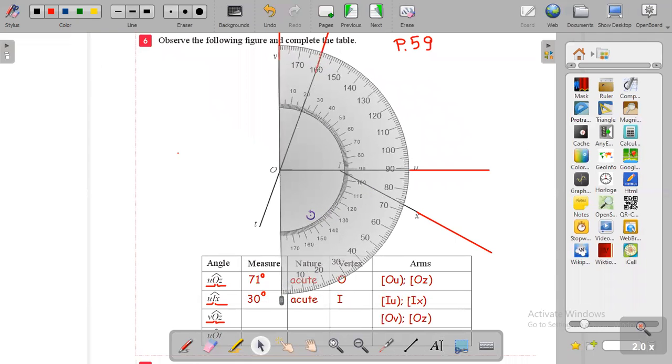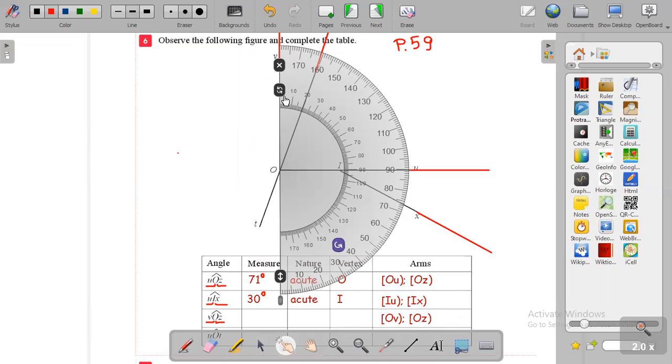We put one side of the protractor on OV and we put the middle at the vertex O. Now we put the protractor on OV, so we start from this side and we start on the numbers starting from 0. We measure on these numbers starting from 0.